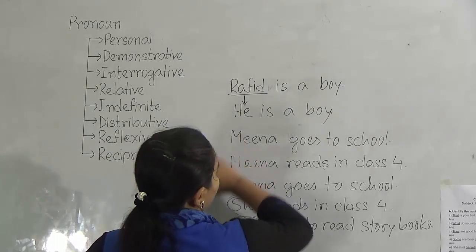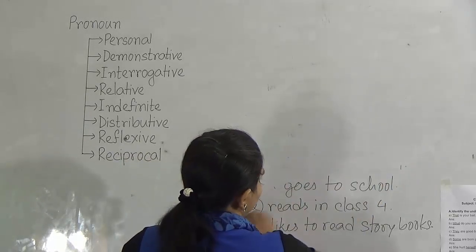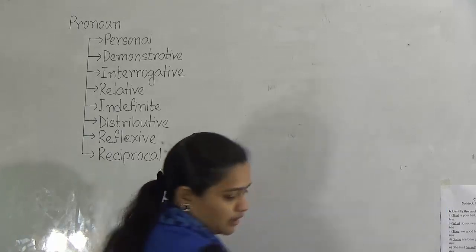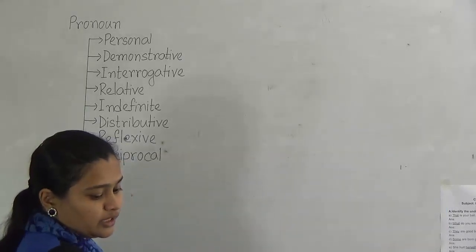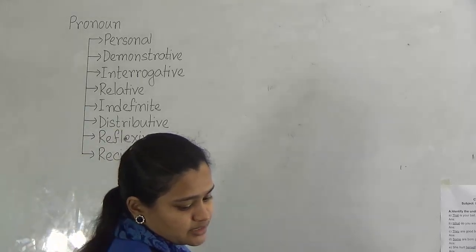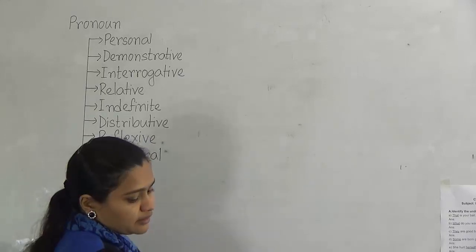Now we will know about the personal pronoun. When will you use the personal pronoun and what are the personal pronouns? The examples of personal pronouns are I, we, you, she, he, it, they, etc. Let me give you an example.